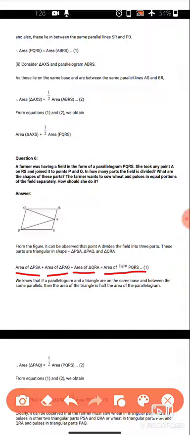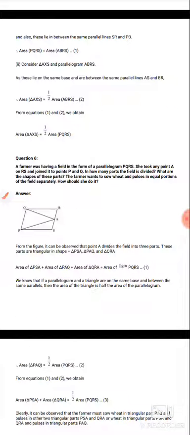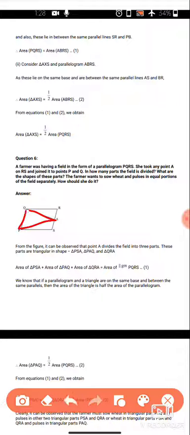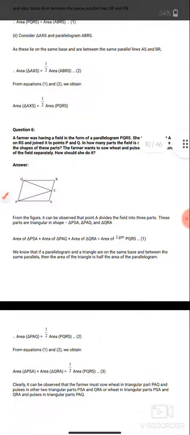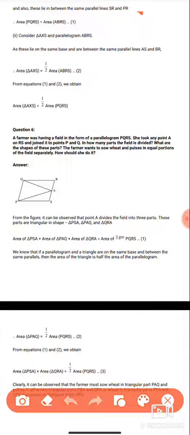Okay, now if you see triangle PAQ, it is between the same sets of parallel lines and on the same base. So area will be half. So PAQ is equal to half of PQRS.